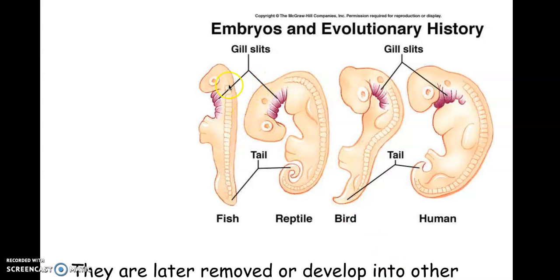Gill slits may disappear later in the embryo. The tail disappears later, obviously, in humans. However, they all pretty much start out the same. In early embryology, humans have gill slits as well as tails. But they do change as the embryo grows and matures.